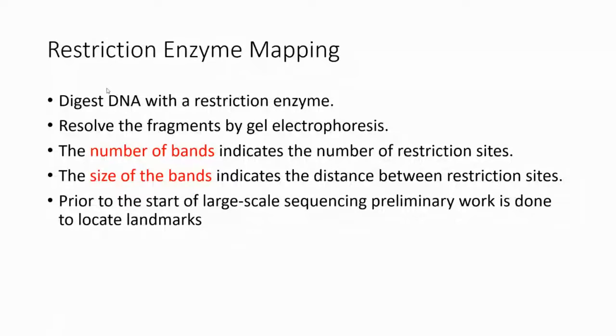So the procedure will be, first of all, digest DNA with the restriction enzyme, and then resolve the fragments by gel electrophoresis. Based on the number of bands, you can determine how many restriction sites there are. And the size of the fragments can indicate the distance between the restriction sites. So these are the important steps for restriction enzyme mapping.